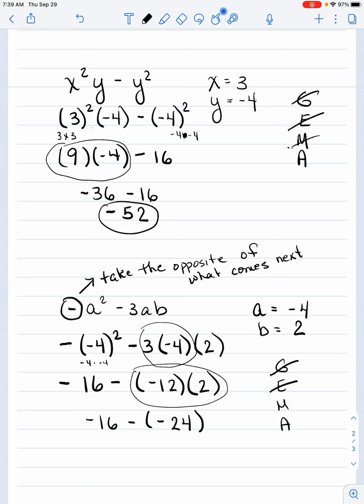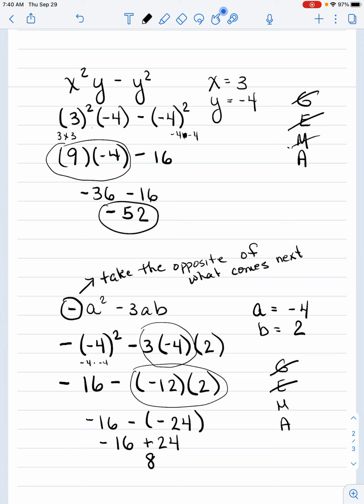Okay, and let's see, we're going to do negative 16 plus 24, right? Because when you subtract a negative, it's positive. So negative 16 plus 24. And that is going to give us, let's see, it's going to give us 8, right?